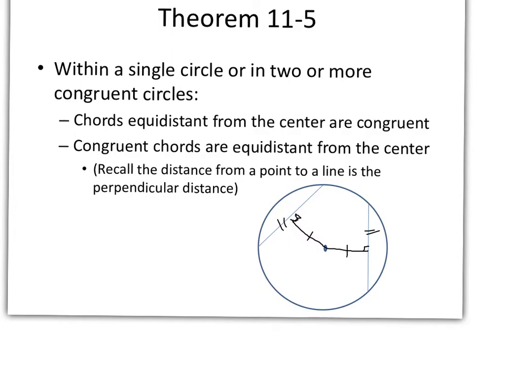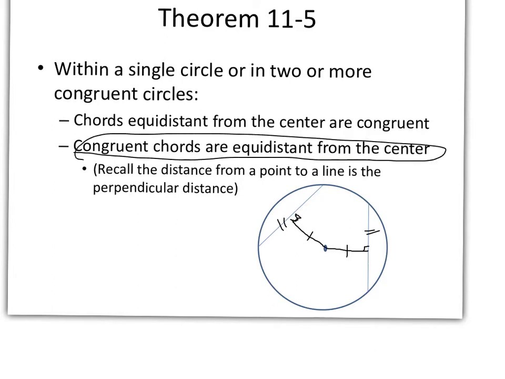Okay? The converse of this is that congruent chords are also equidistant from the center. Okay, so their distances are the same. So this is the converse of that. Okay?